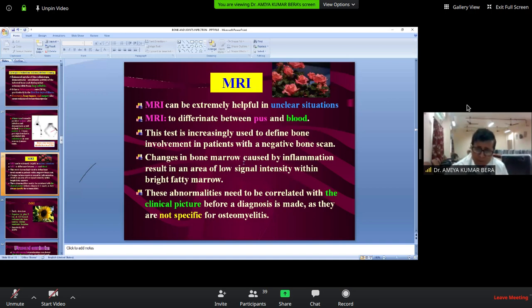But that can also occur after repetitive trauma like a stress fracture, say in a marathon runner complaining of bone pain. You have done the X-ray, you have done the CT, nothing is there. You can see only marrow edema. The backdrop of marathon running, the repeated stress, is more in favor of stress fracture, not infection.